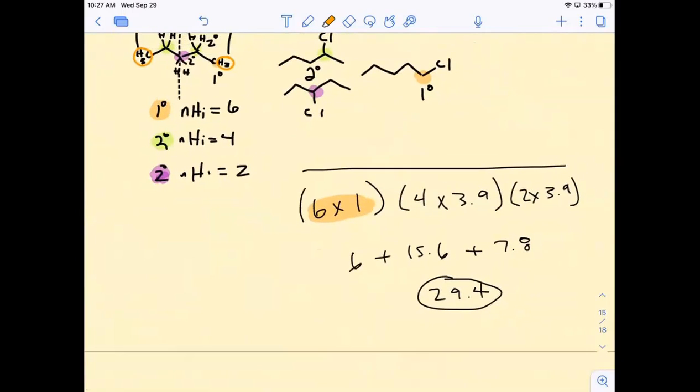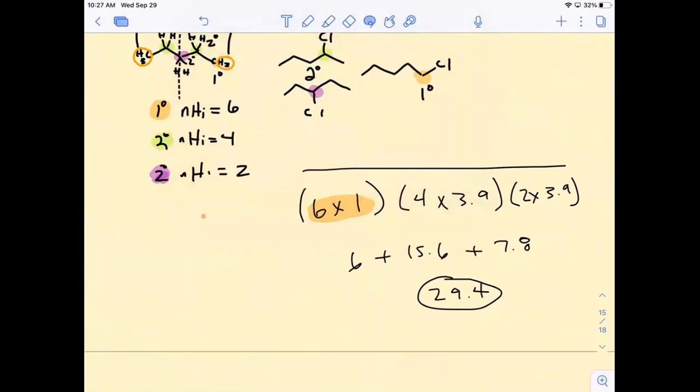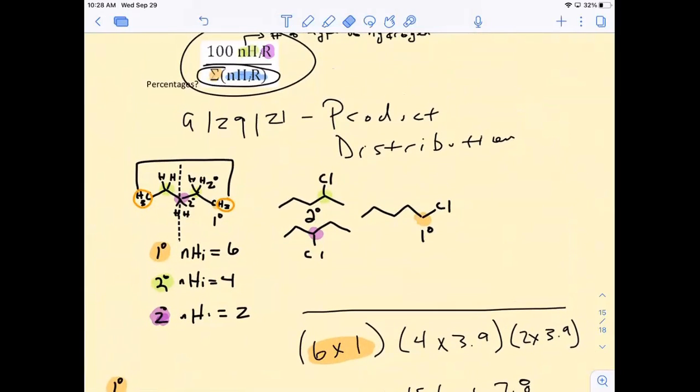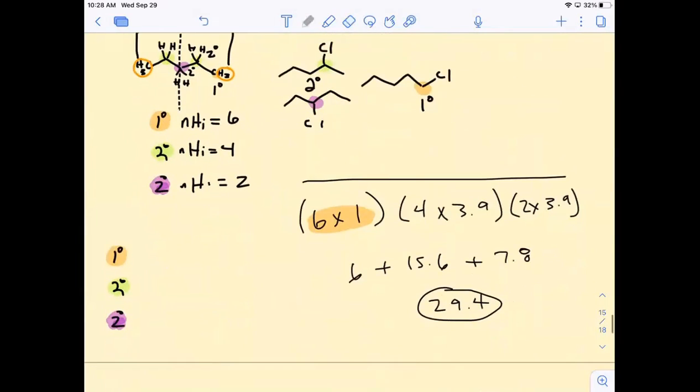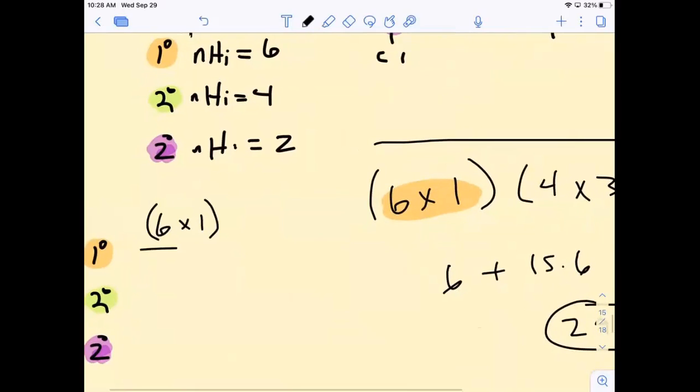So now for the primary, I can just stick those numbers in. The top number is going to be 6 times 1, where 6 is the number of primary hydrogens, and 29.4 is the sum that's going in the bottom.